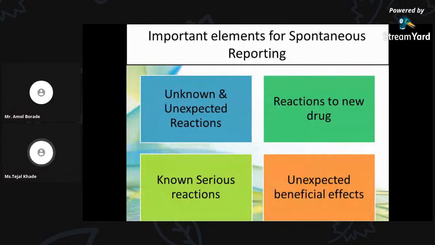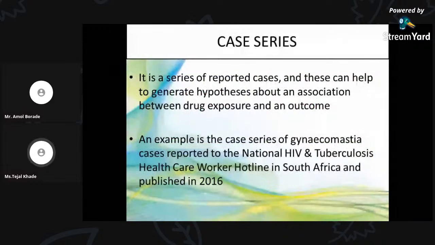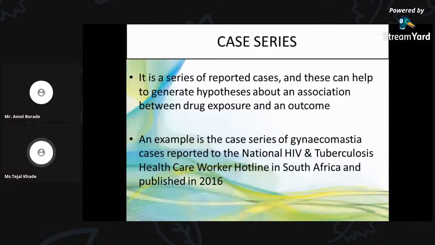So we have seen the four important elements for spontaneous reporting. The next part of passive surveillance is the case series. In spontaneous reporting, only one report of an individual patient is seen. In the case series, it is a series of reported cases.